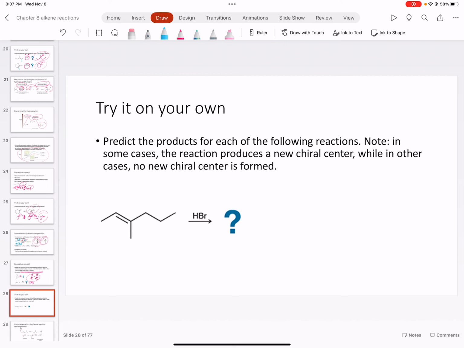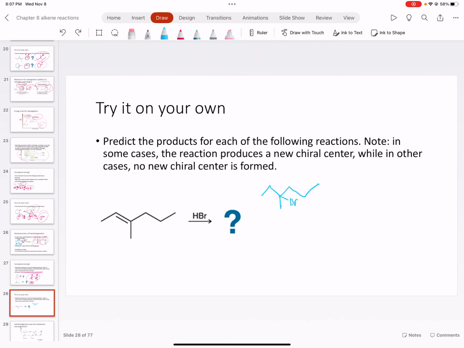Okay, so in here we'll do this. We will add our bromine on the most substituted and our hydrogen on the least substituted. It will look like this. Let's see if we have any chiral centers. I would say we have one in here, because we have a CH3, a bromine, a CH2CH3, and a CH2CH2CH3, meaning I have a total of 4 different groups.